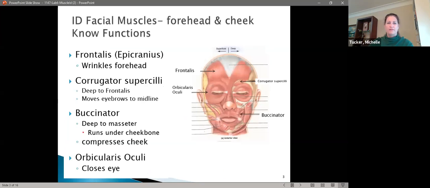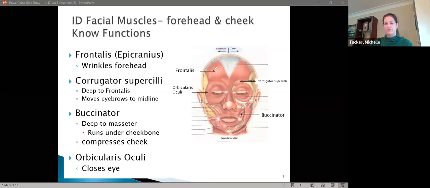So then we have facial muscles. Most of these are controlled by the facial nerve, and they are going to be responsible for your facial expressions. For the facial muscles, you need to be able to identify them and then also to match them to their function.